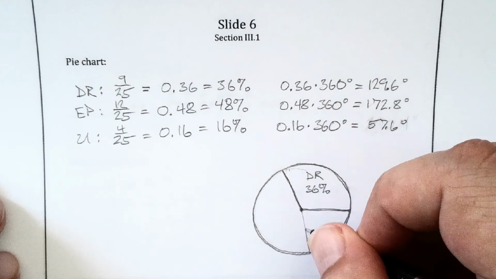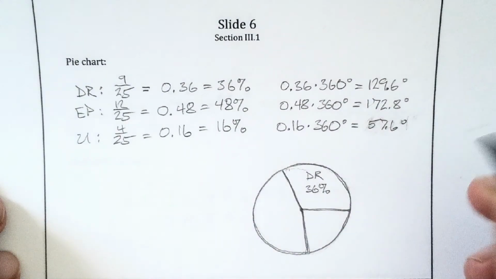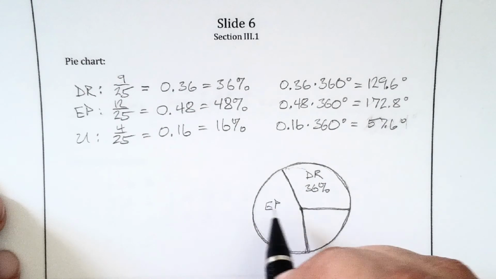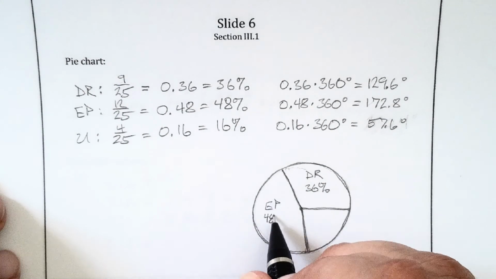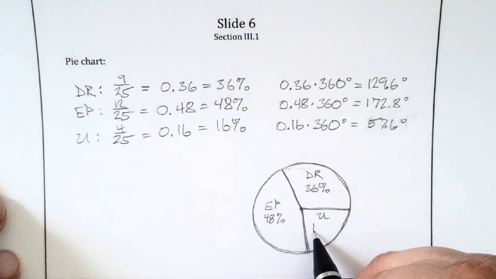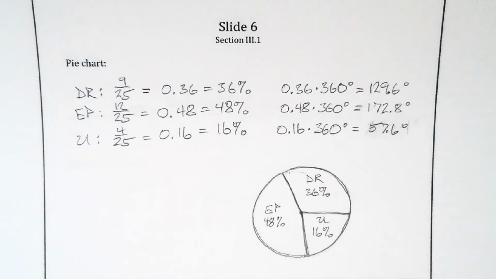So something like this maybe. It's very close to a half, but not quite. So this is Eagle Pass, 48%. And then what's left over is Uvalde, of course, which is 16%. Okay, so there's our pie chart.